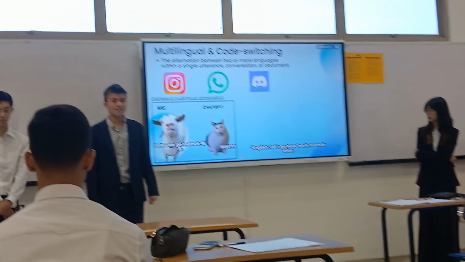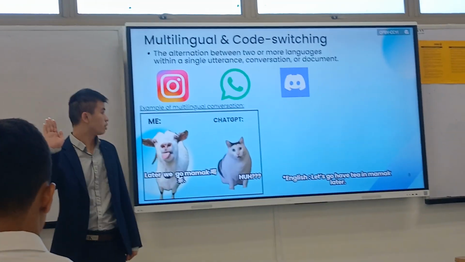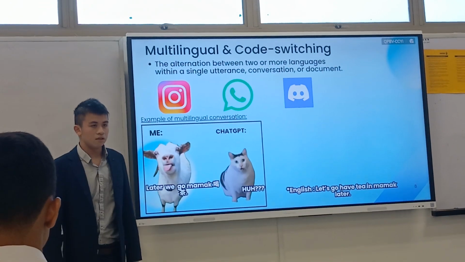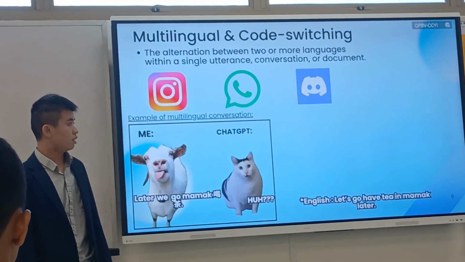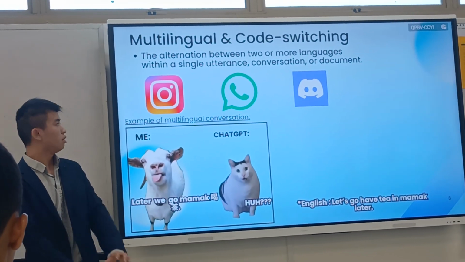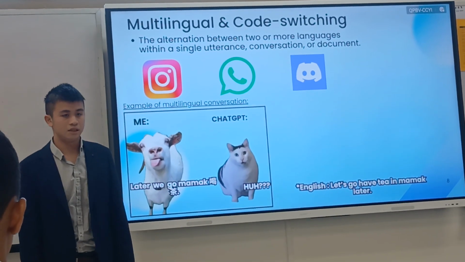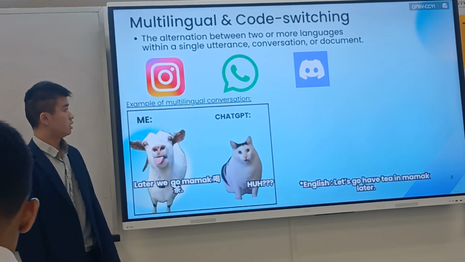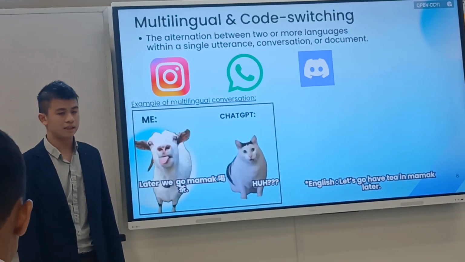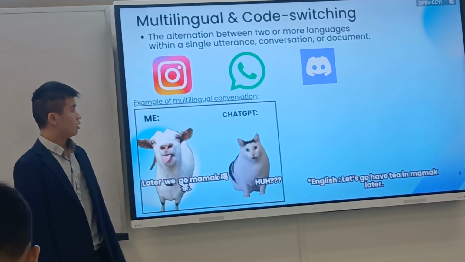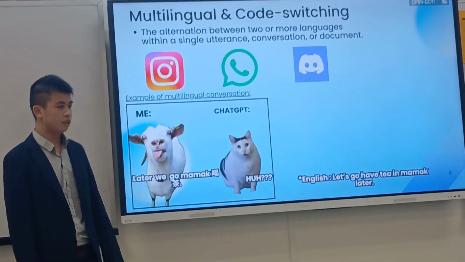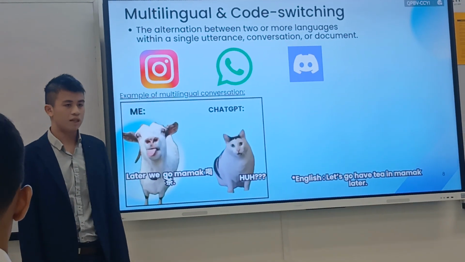Okay, let's restart this. Multilingual and code switching. What is that? It's an alternation between two or more languages within a single authored conversation or document. Why is this a problem?